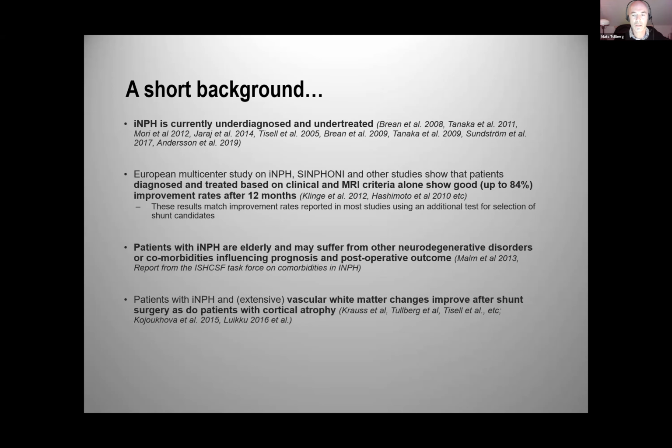We need to take that into account. And lastly, patients with iNPH and vascular white matter changes improve after shunt surgery, as do patients with signs of cortical atrophy, which makes it a little bit more complicated than just looking for DESH.